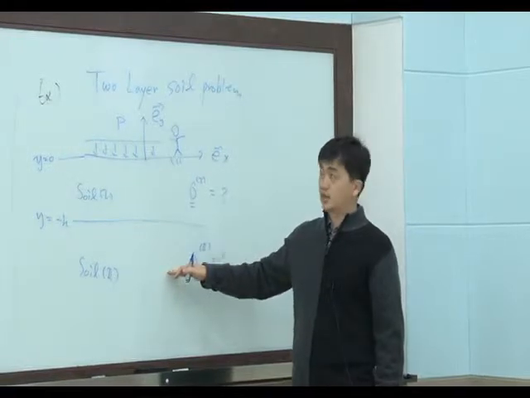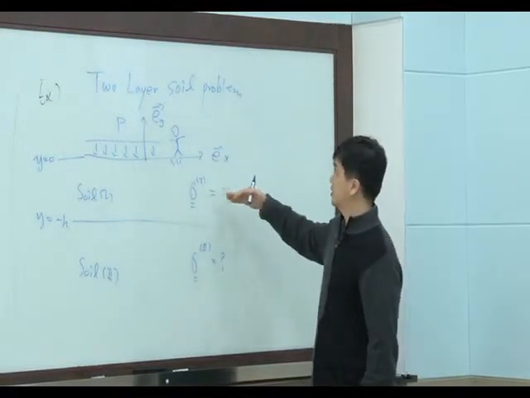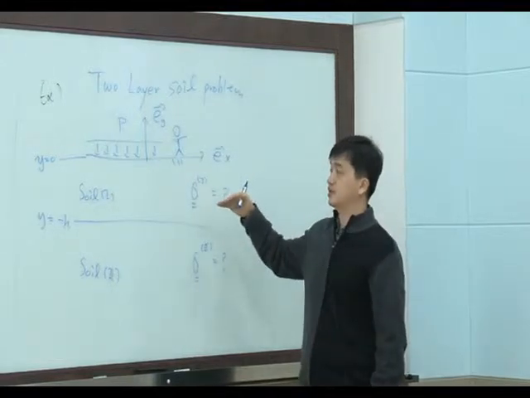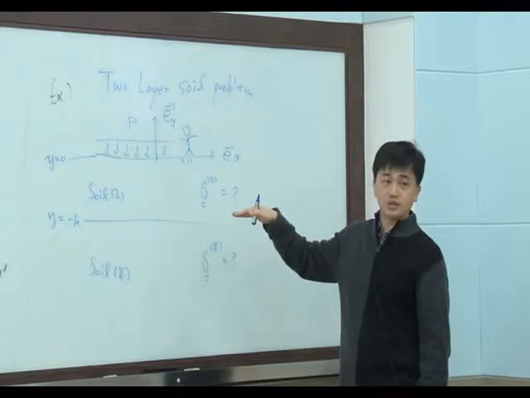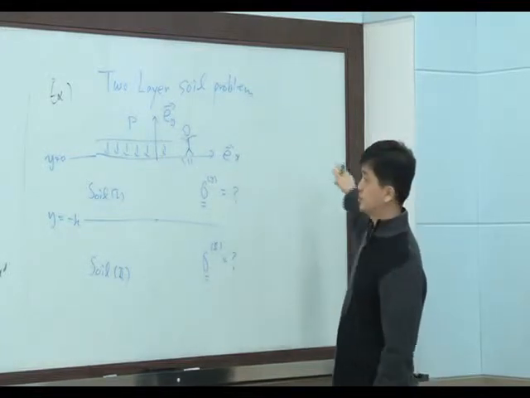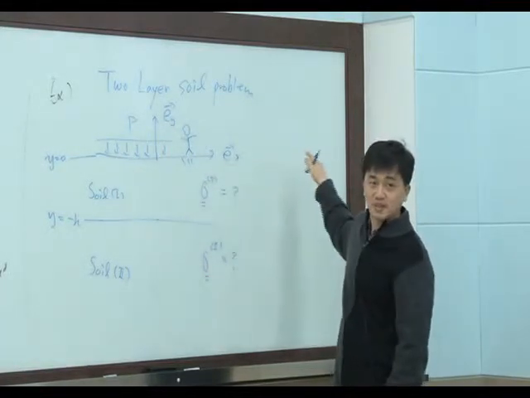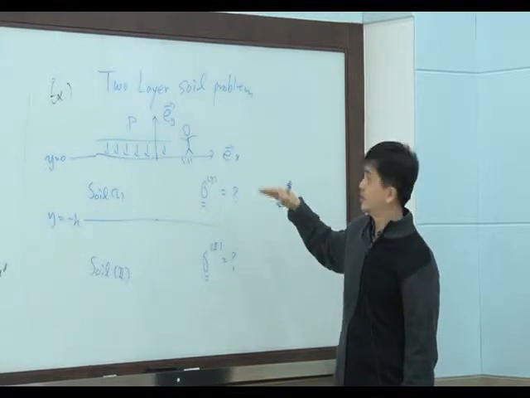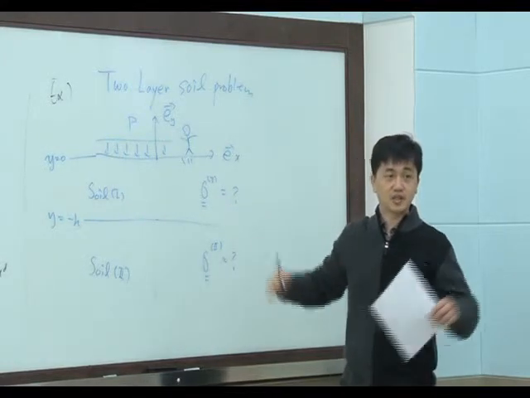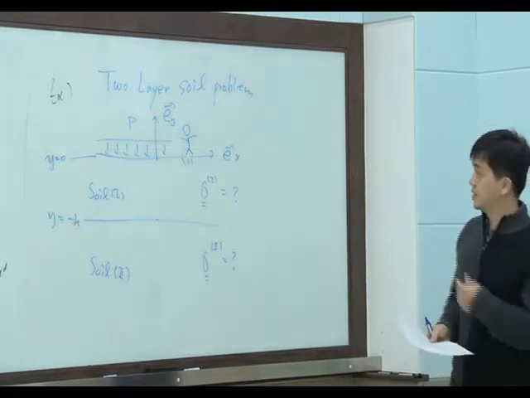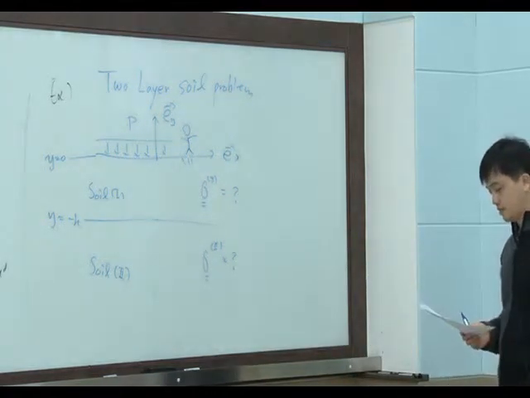And this is an infinite domain in the x direction and the z direction. So the size of this problem is very big, infinite in the x direction and the y direction. So the problem becomes simple.